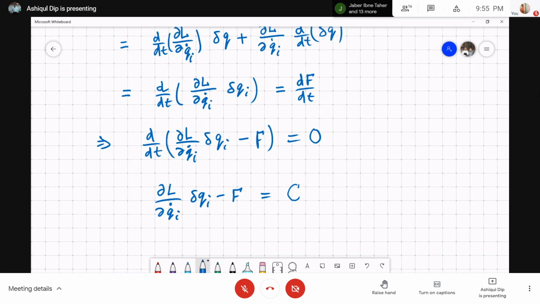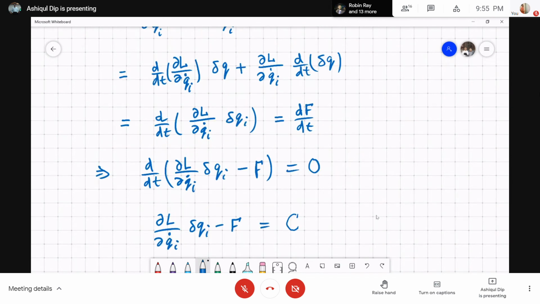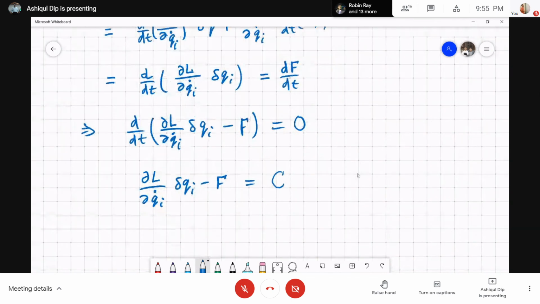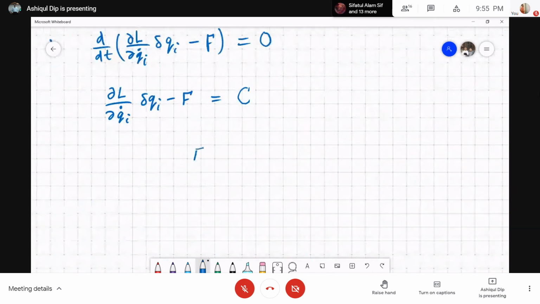Happy? Okay, we'll see some examples over here. Also remember, f has to be an infinitesimal quantity, so we actually write it like this: f equals ∂G/∂qi times the variation of qi. So if you can find some G which satisfies this, it also helps.